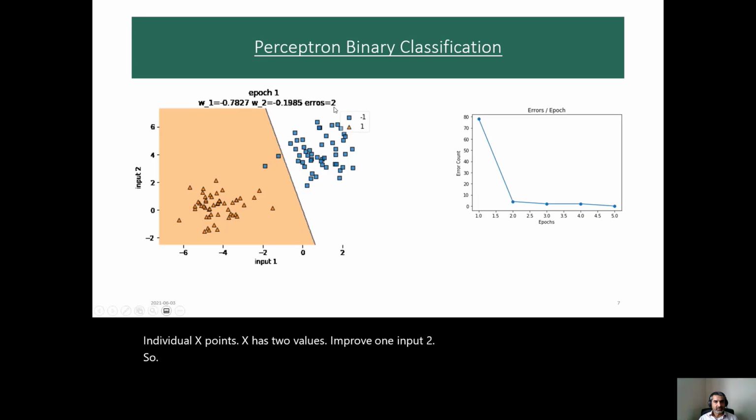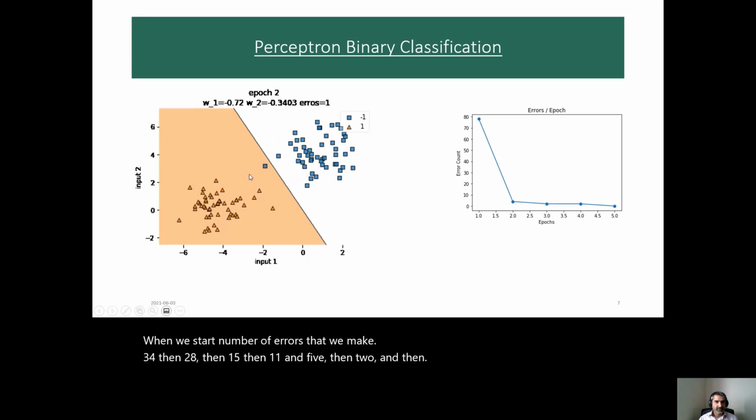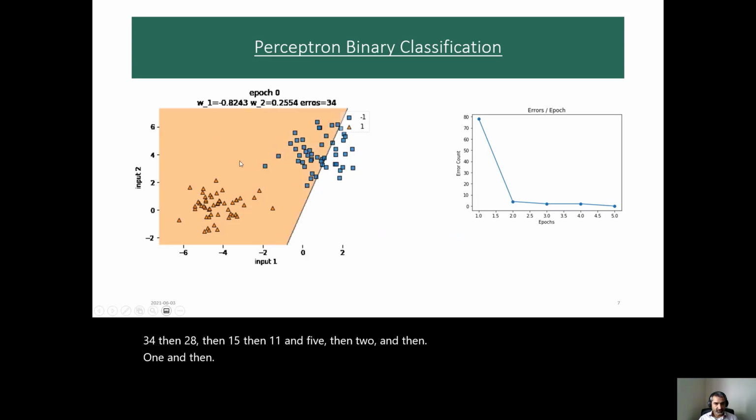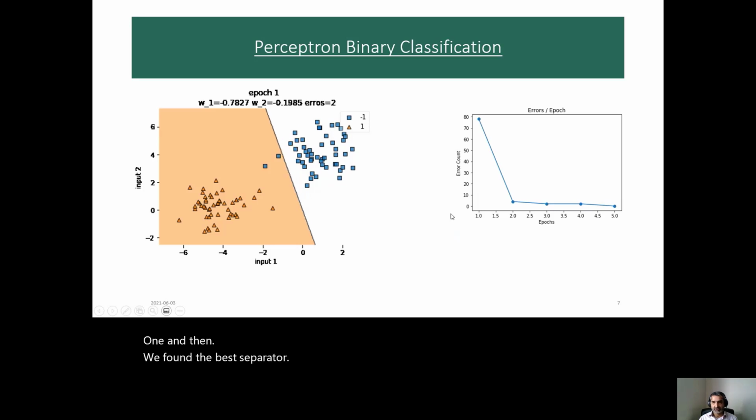So when we start, the number of errors that we make is 34, then 28, then 15, then 11, then 5, then 2, and then 1, and then we found the best separator and training stops.